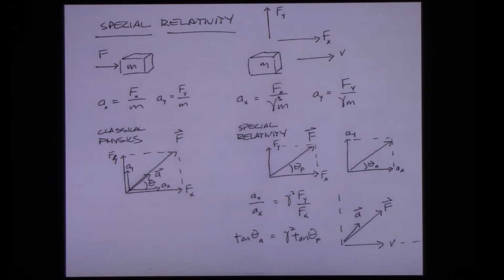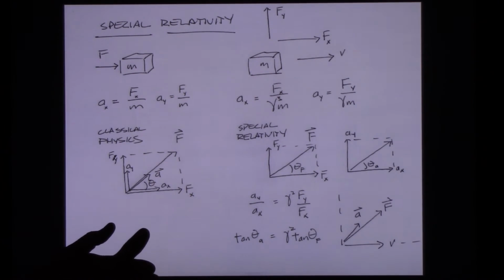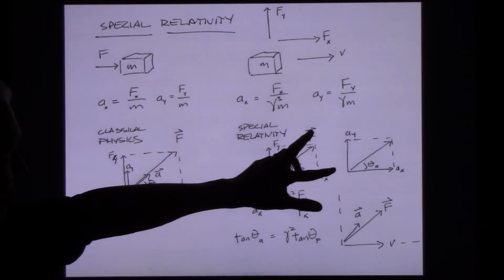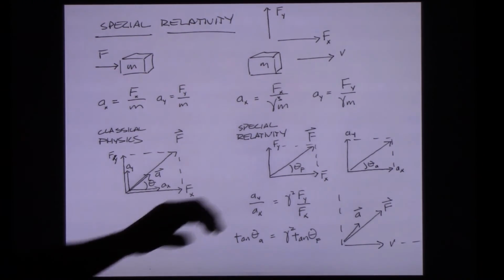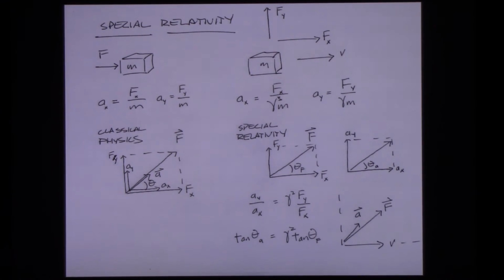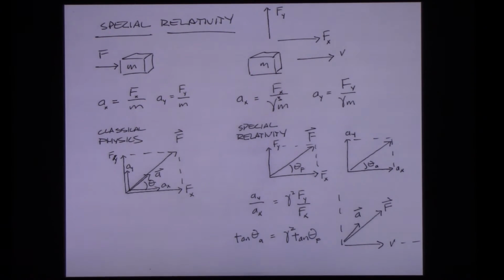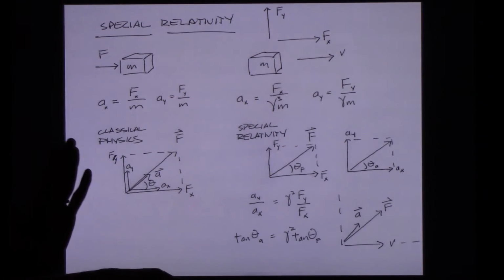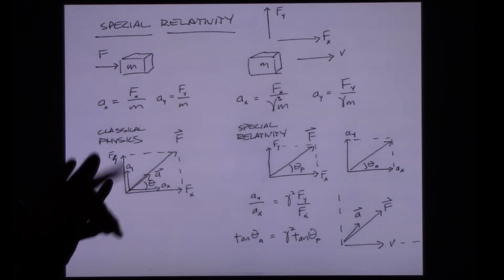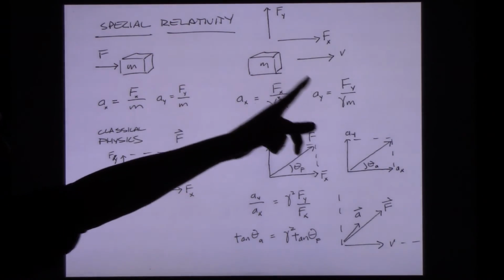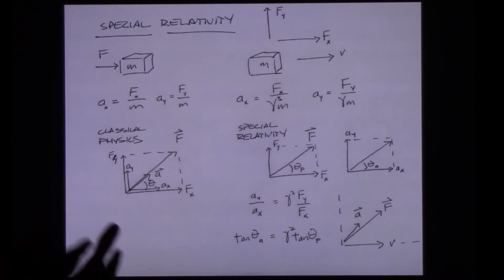In physics 4a we kept driving home the point that the acceleration always lines right up with the force, that the components of acceleration will have the same ratio as the components of the force, and it's not true. They're actually shifted. For an object already in motion, the acceleration will not quite line up with the force if the force has components both in the direction of motion and perpendicular. Okay, so that's kind of interesting to see the resolution of, well, what prevents an object from going faster than light?